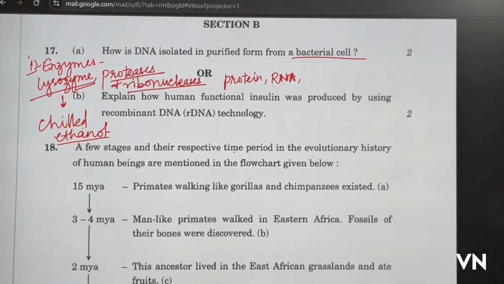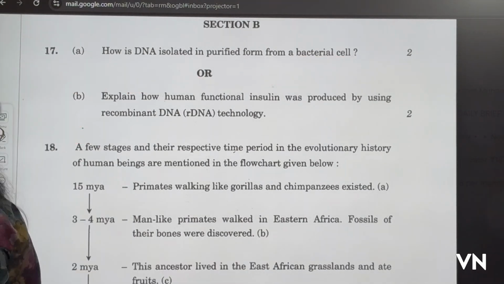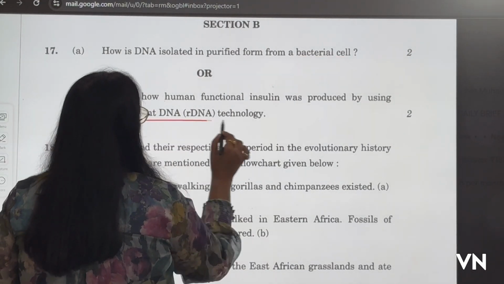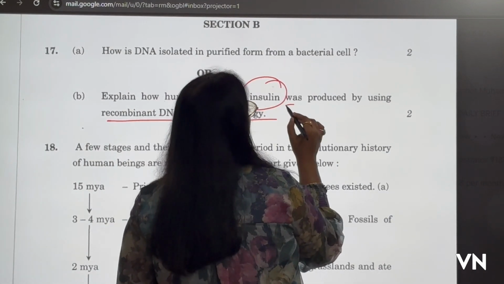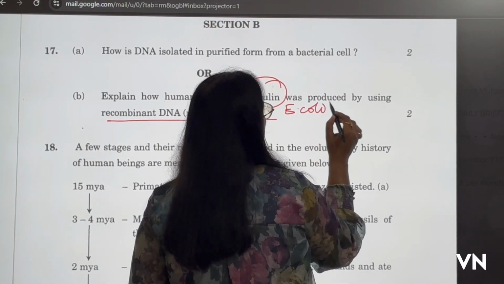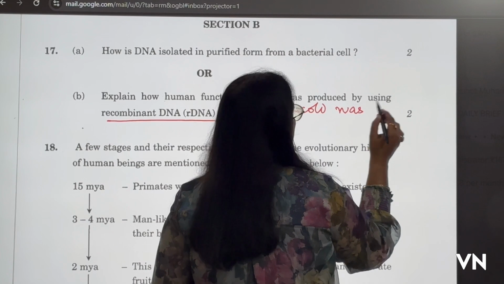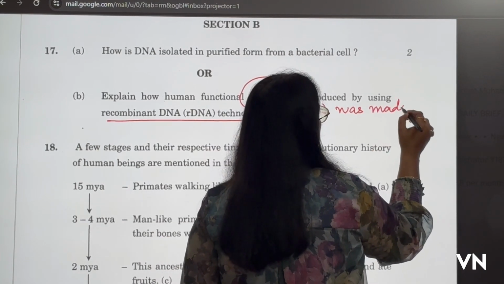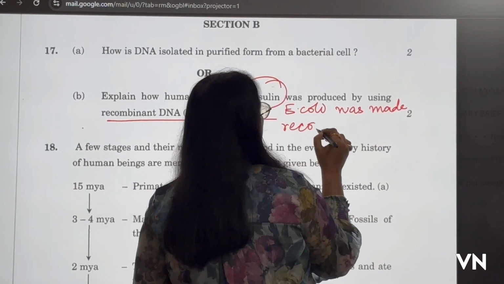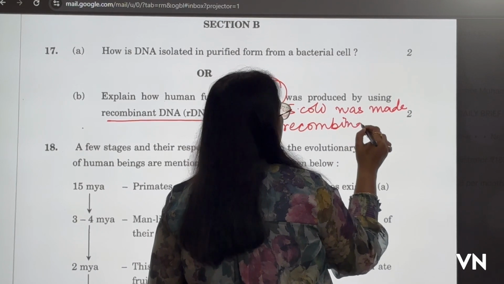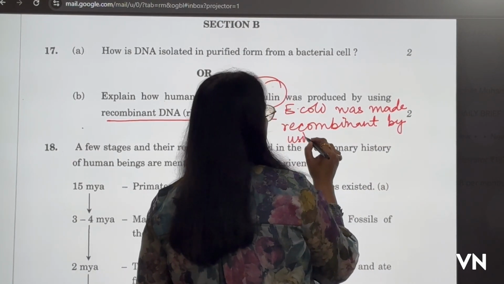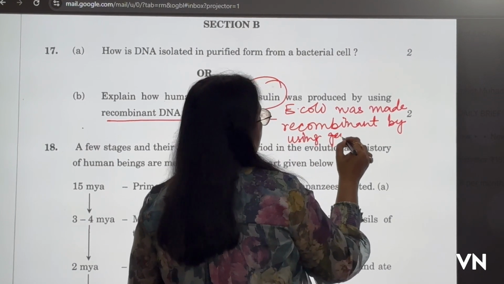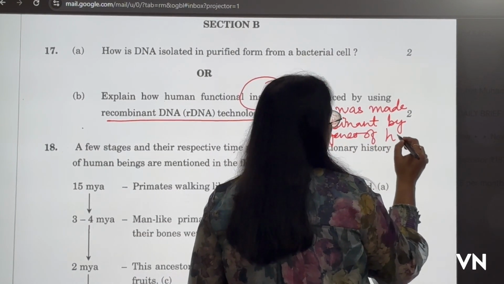Explain how human functional insulin was produced by using recombinant DNA or rDNA technology. For human insulin, bacteria was made recombinant by using genes of human insulin.